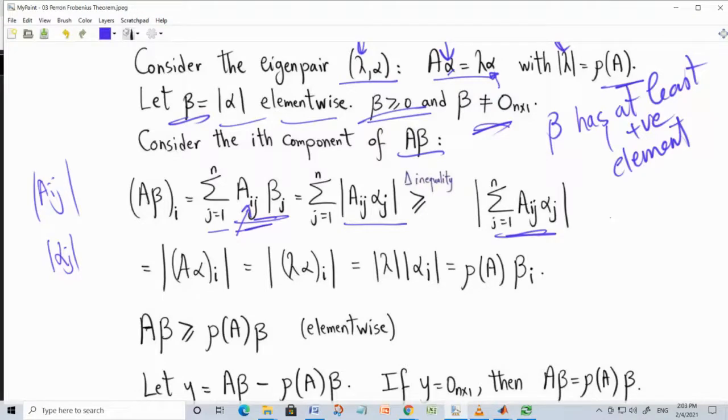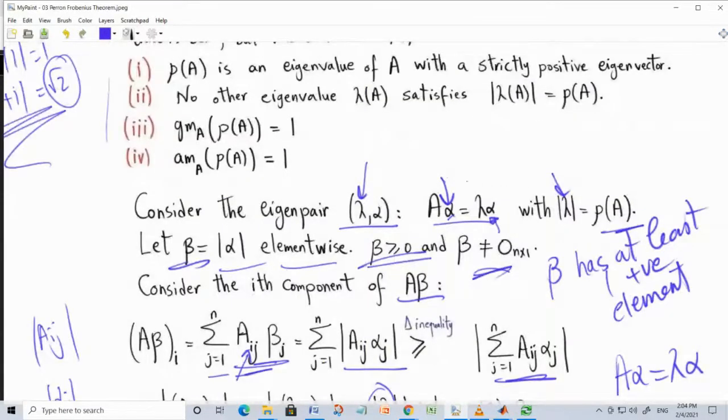And we know something about A alpha: A alpha is equal to lambda alpha. So the ith component in vector A alpha is equal to lambda alpha_i, the ith component in vector alpha. And so this is the magnitude of lambda multiplied by the magnitude of alpha_i. What is the magnitude of lambda?